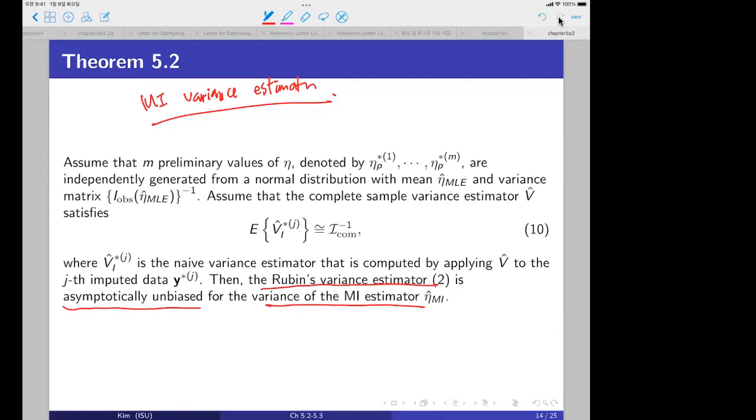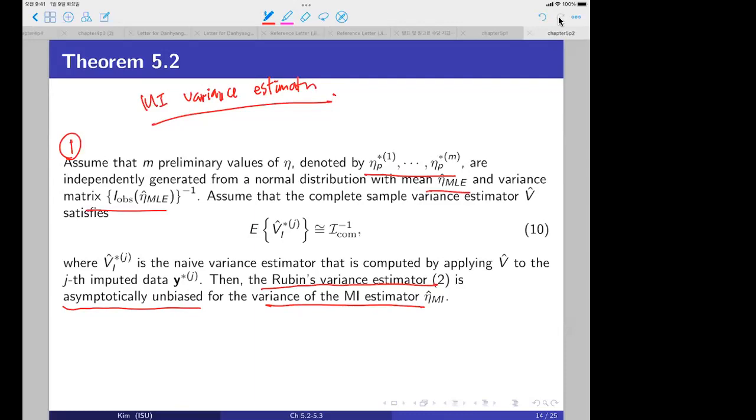We have two assumptions. The first assumption is that the posterior values of the parameter are generated from the normal distribution with mean MLE and variance. That is essentially the Bayesian imputation.